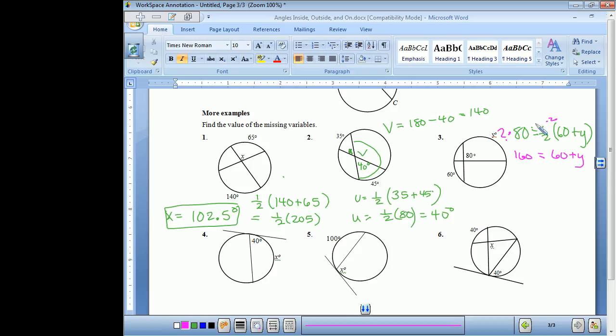Now, you certainly could have distributed the 1/2, but most of us don't like fractions, do we? So instead of distributing a fraction, I usually just eliminate it by multiplying by the reciprocal. Either way, we should have gotten 100. 100 degrees is the value of y. See?